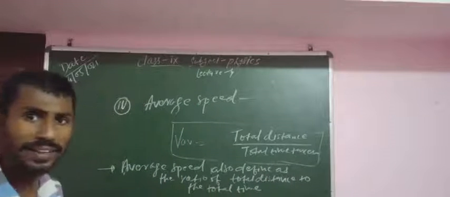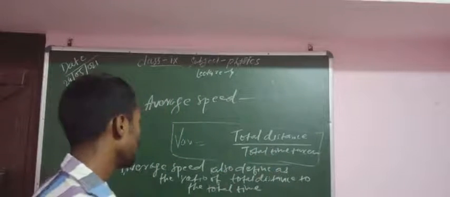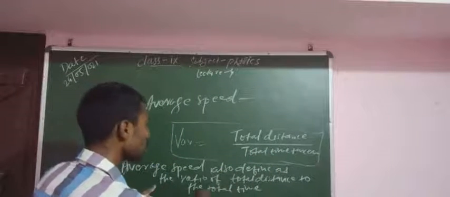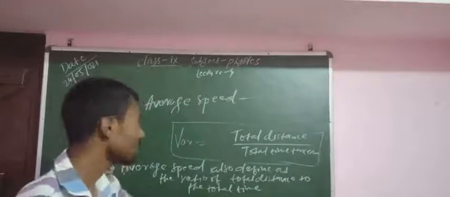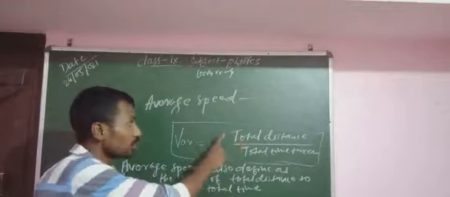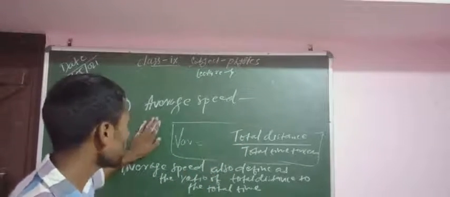Average speed is also defined as the ratio of total distance to the total time taken. That means it is a ratio, total distance is to total time taken.